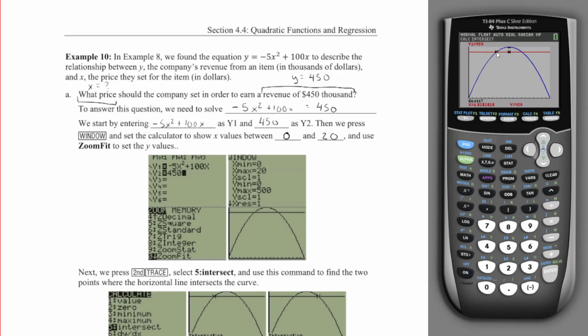So we move the cursor close to that, just using the left arrow. Hit enter. And we see the first solution to our equation, negative 5x squared plus 100x equals 450, is about 6.84.